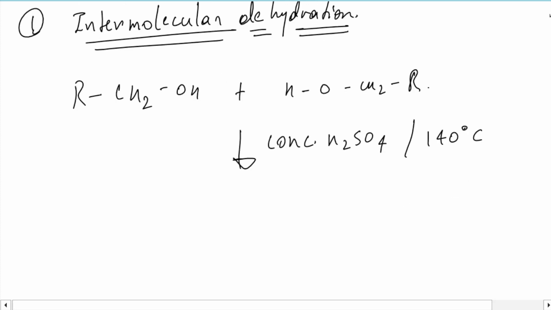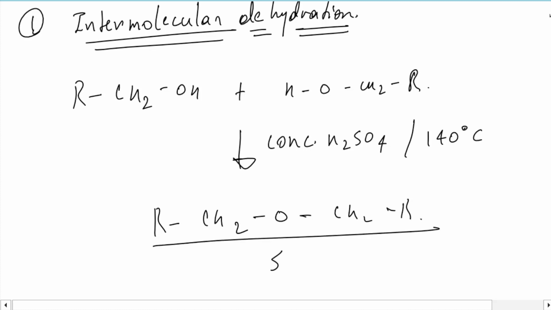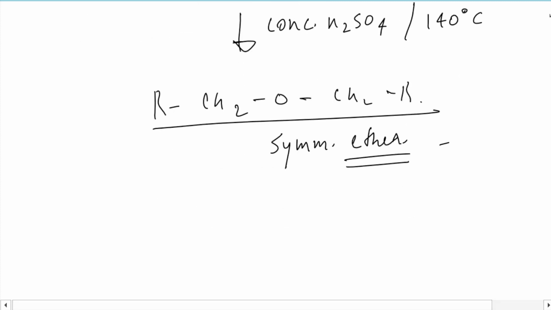When the alcohol is reacted with concentrated H2SO4 at 140 degrees Celsius, then what is formed is ether. But what is formed here is the symmetrical ether. For preparing unsymmetrical ethers, we need a specific method, that is Williamson ether synthesis.